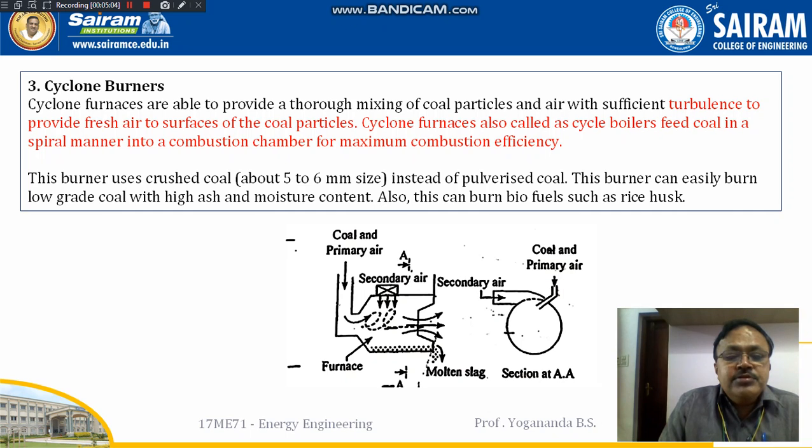This burner uses crushed coal instead of pulverized coal, and can easily burn low grade coal with high ash and moisture content. The coal and the primary air enter the furnace, the secondary air is also added, and the molten slag is disposed at the other end of the furnace.